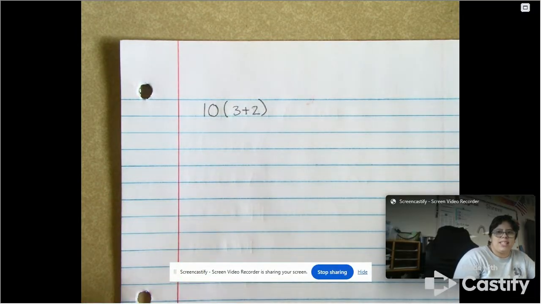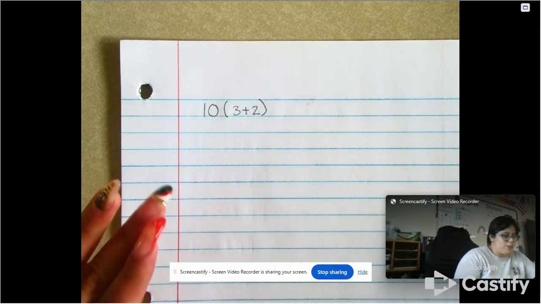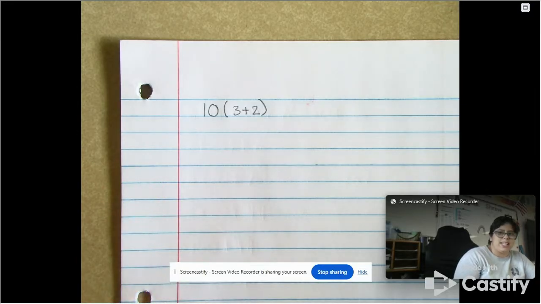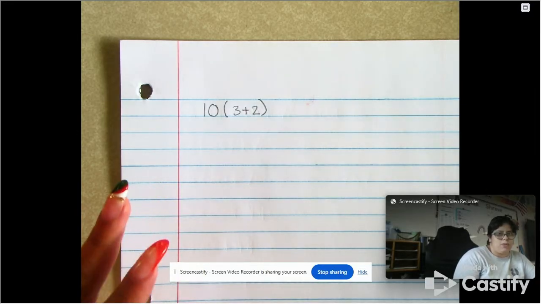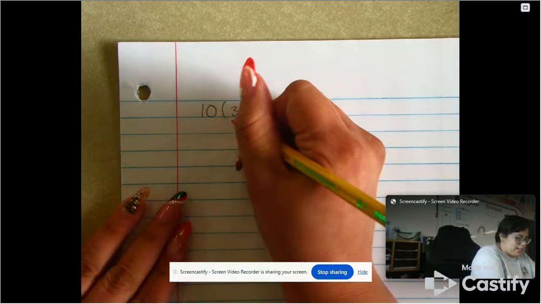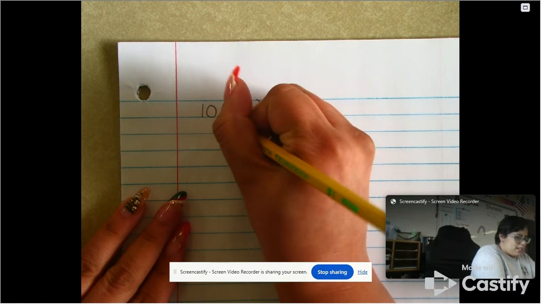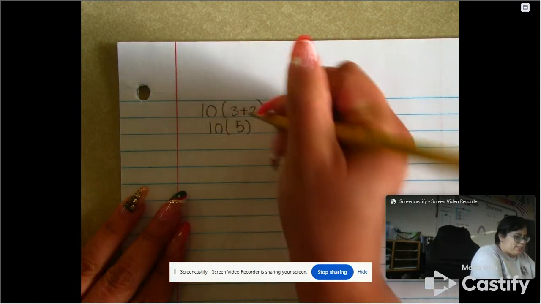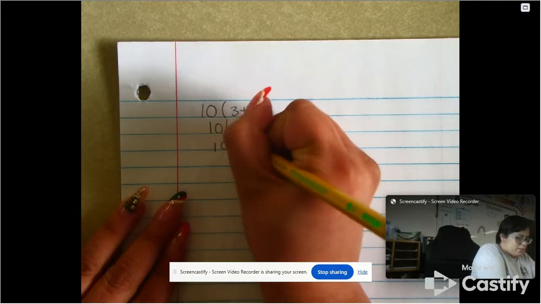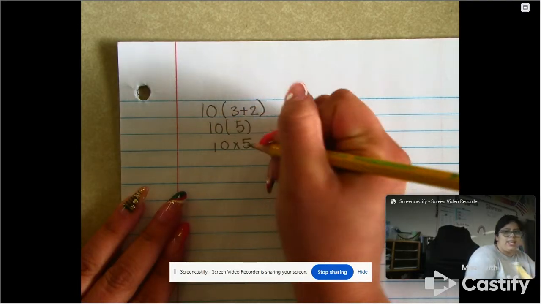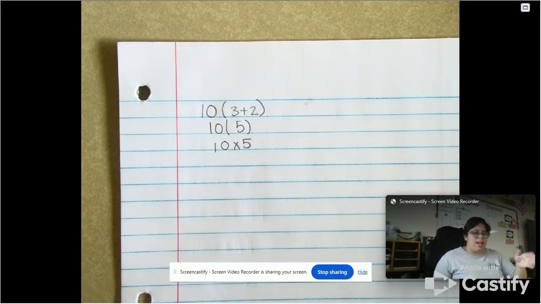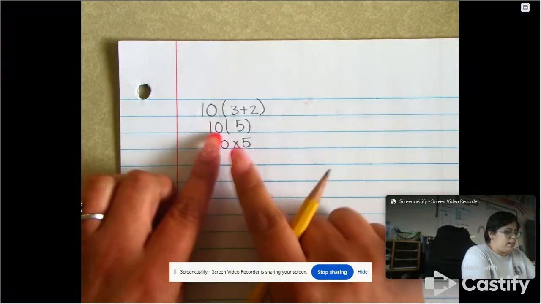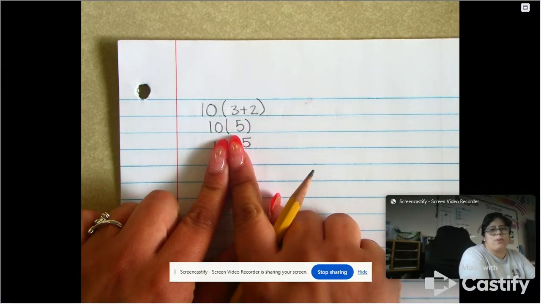So we've seen this type of setup, where we do what's inside the parentheses first, and then we swap the parentheses out for multiplication. In this particular case, we don't have an operation here.